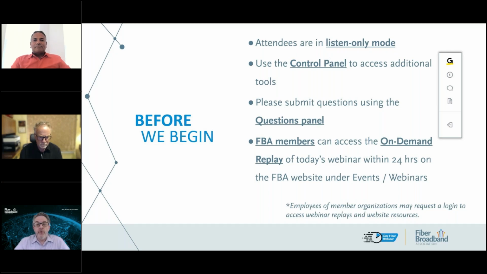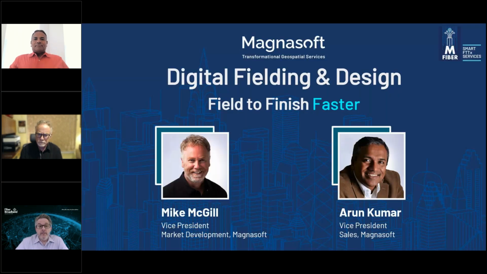With that, I just want to welcome Mike McGill and Arun Kumar from Magnasoft. They're going to discuss mapping today, and what we're really going to be talking about is how developing accurate base maps and utility pole data is essential for low-level design.